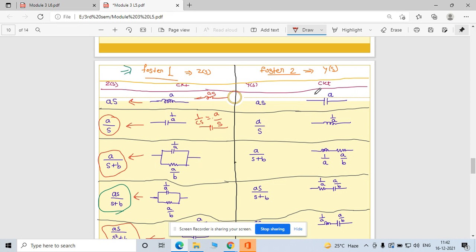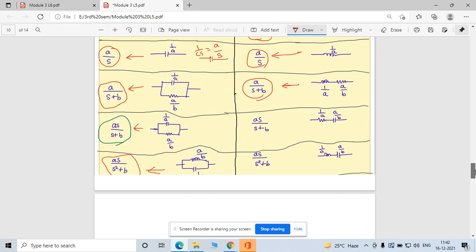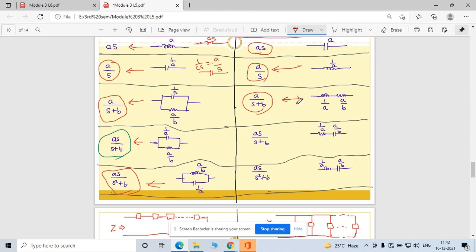So Y of s is 1 by Z, that means 1 by 1 by Cs. So Cs goes to the numerator side, and that is nothing but this Cs. So here A value represents your C. The same way for the inductor. By this you can analyze your circuit, or you can draw the respective circuit by observing this admittance form.